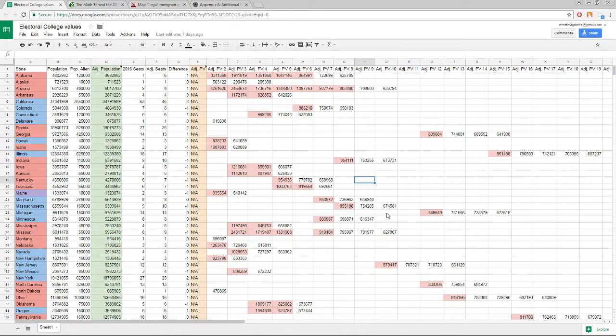So what if we had, say, 2 million refugees go into Arizona? That changes how many electoral votes Arizona gets by quite a bit. Even a million refugees could change it.